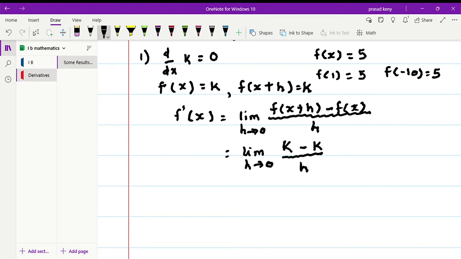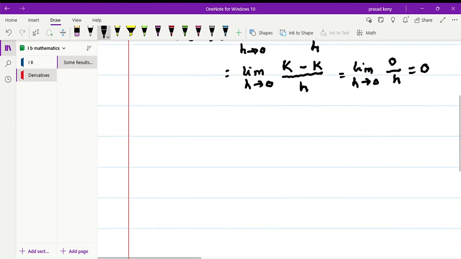But k minus k is 0. That means this is limit as h tends to 0 of 0 upon h, which will be 0. And that shows that the derivative of a constant function is 0.